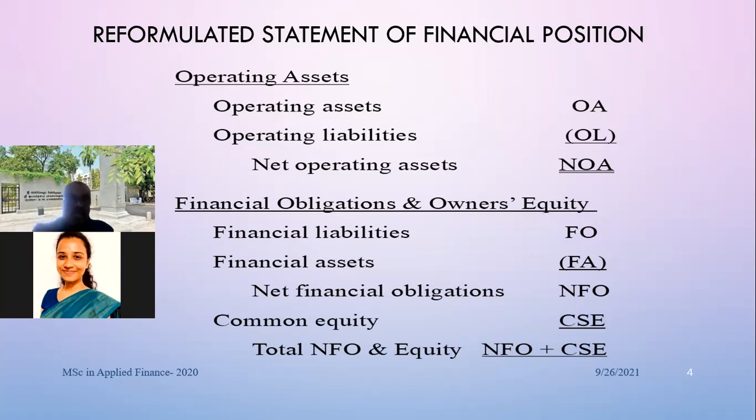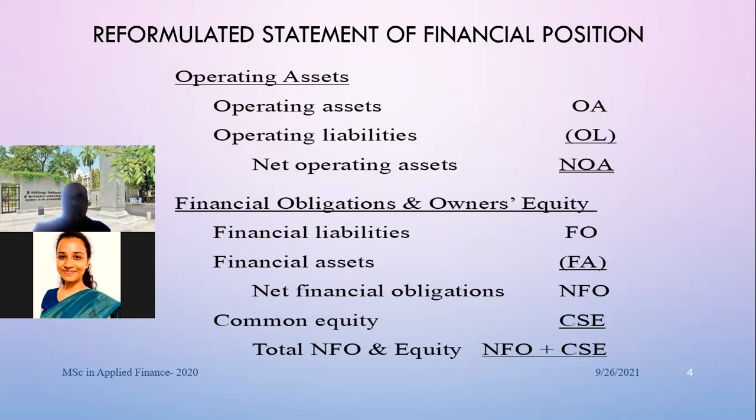So with a net operating asset of 80 million, you maintain a gross capacity of 100 million.